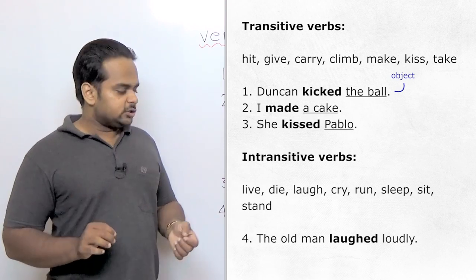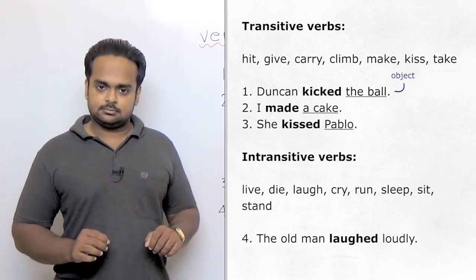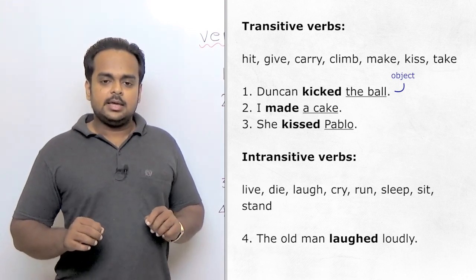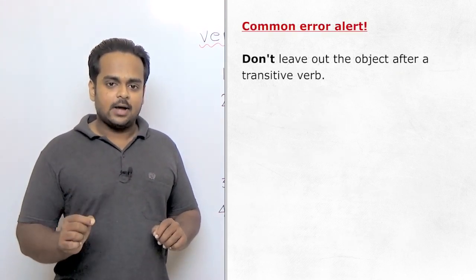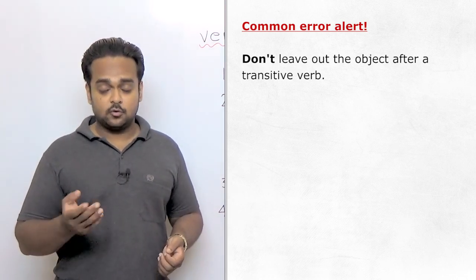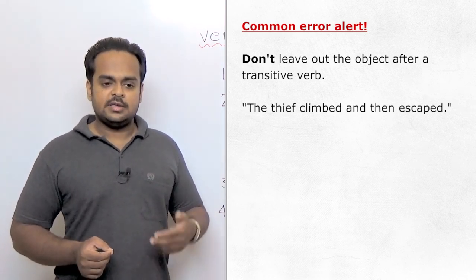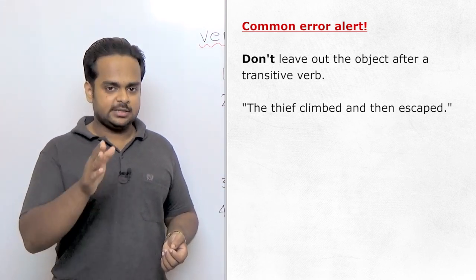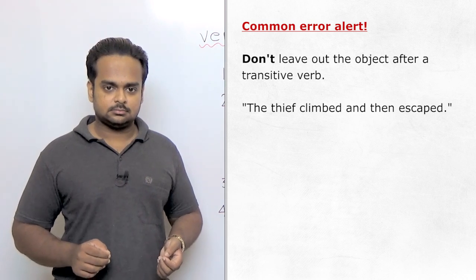Okay, I told you that students make mistakes with these. What kinds of mistakes do they make? Well, the most common mistake is that students often leave out the object with a transitive verb. For example, students say, "The thief climbed and then escaped." Can you identify the error in that sentence?